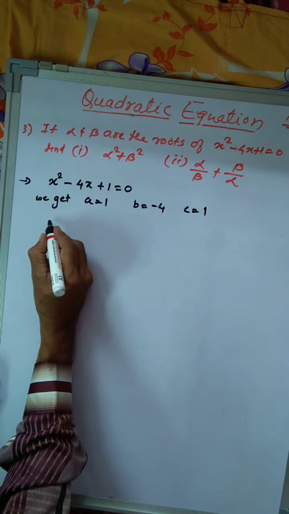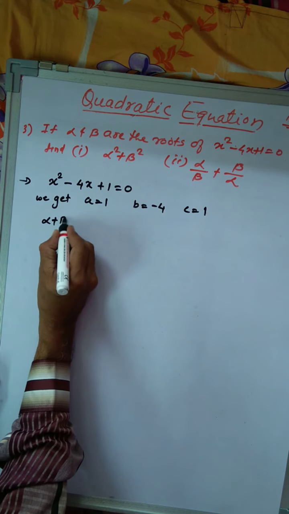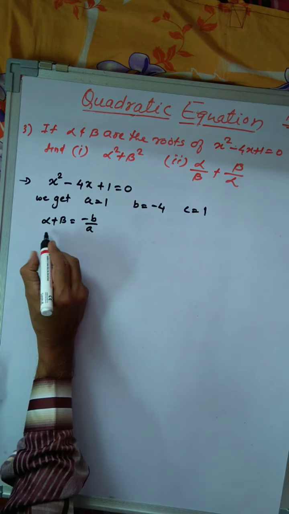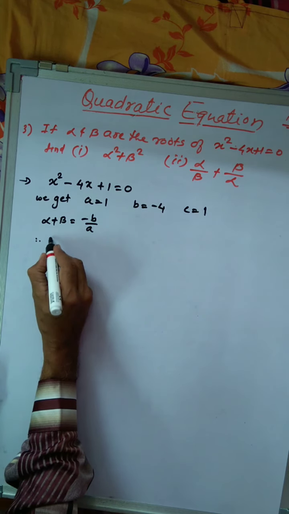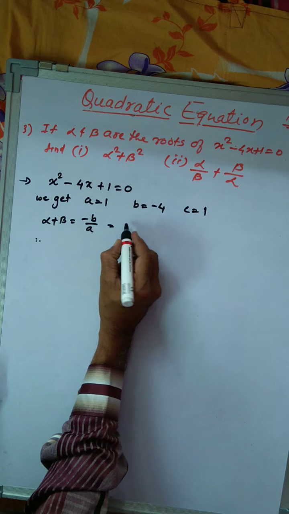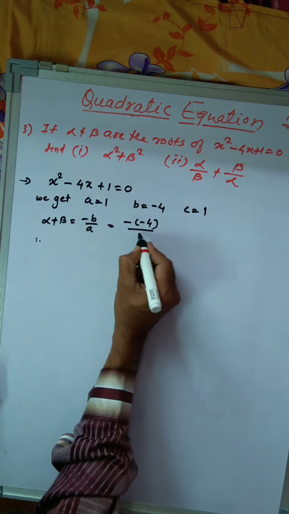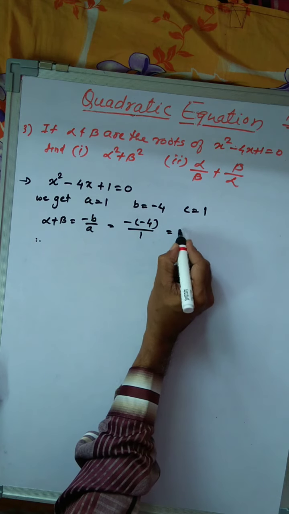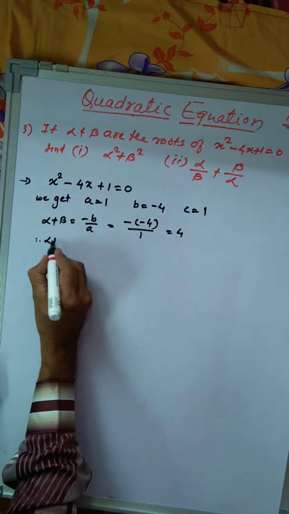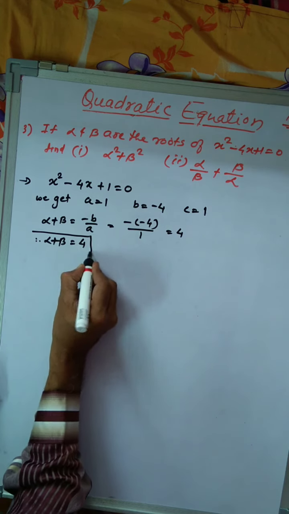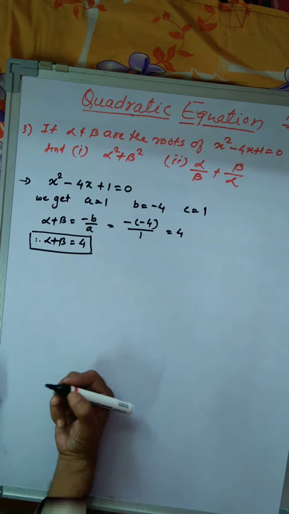Now alpha plus beta is equal to minus b upon a. That means alpha plus beta is equal to minus into bracket minus 4 upon 1, which is 4. Hence alpha plus beta is equal to 4. That is the first value we get.